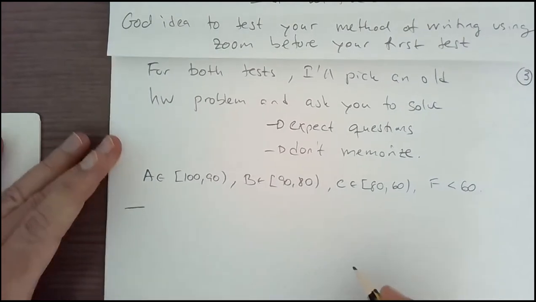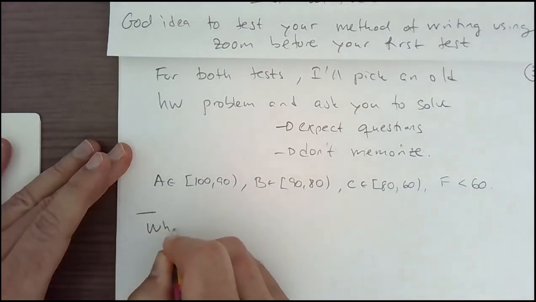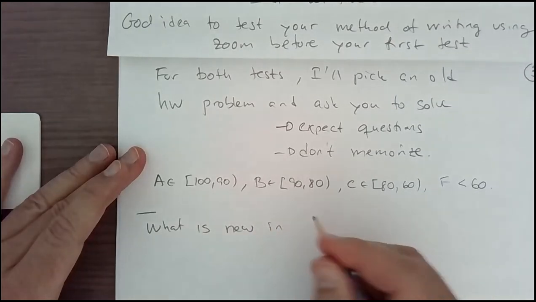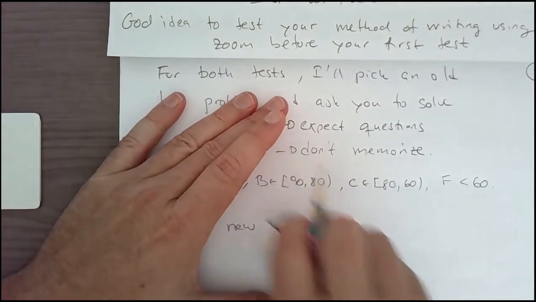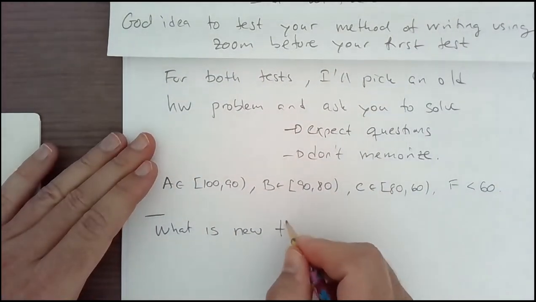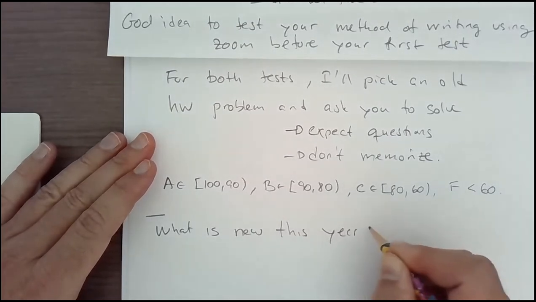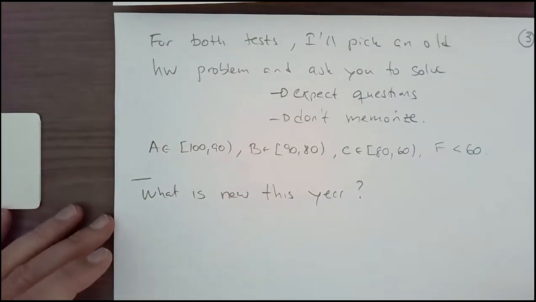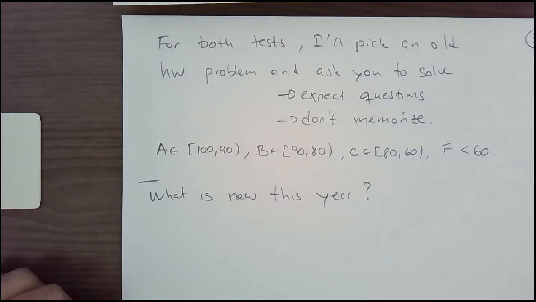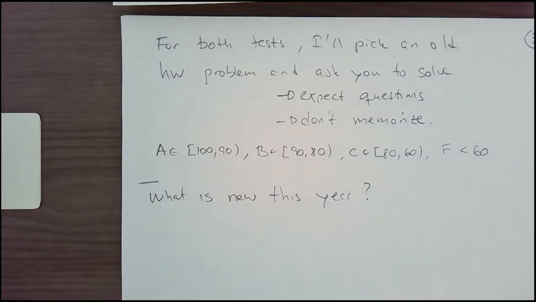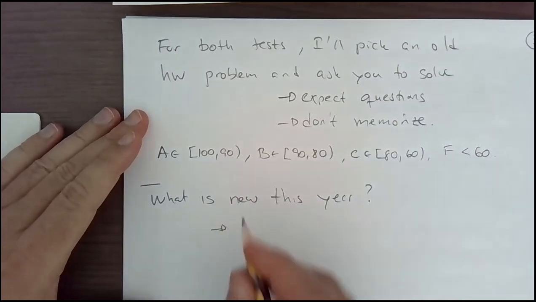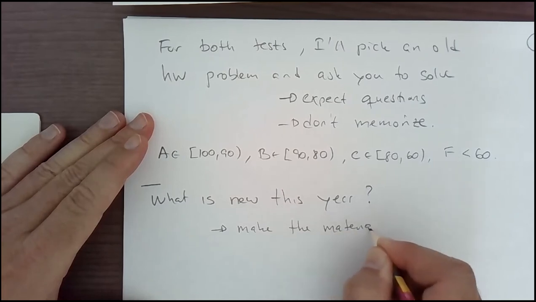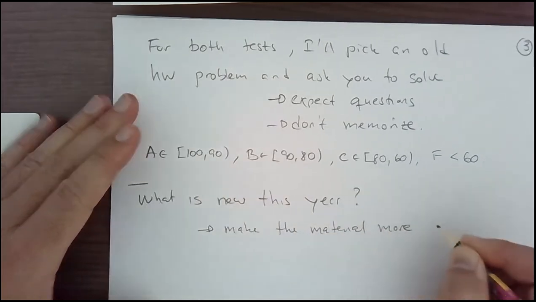So maybe we should say a little bit about why. What is new here? What is new this year? Well, one goal that we have had, those of us involved in the program, is to try to make the material more tangible.